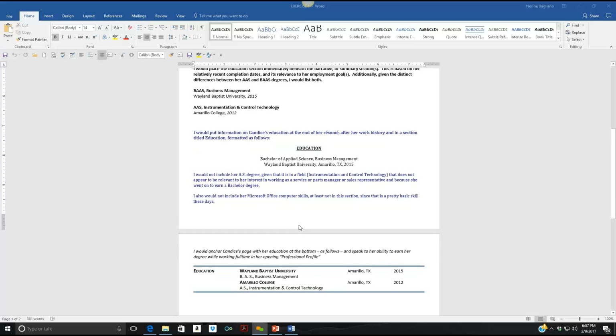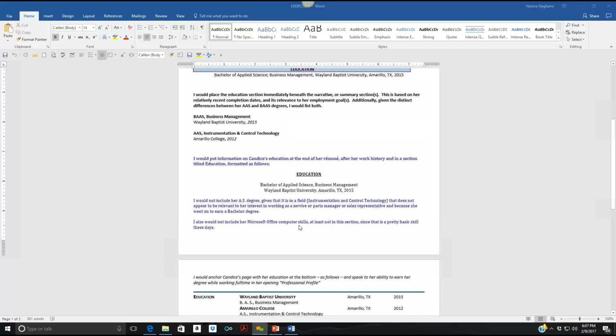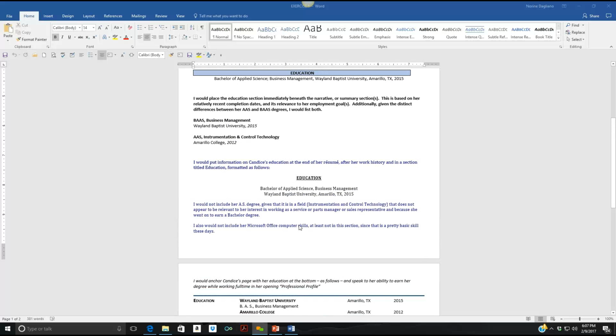However, it would not be included under education. When it comes to the education section, primarily what you're going to look at are college degrees or perhaps certifications if they are the only formal education. But in other cases, you'll want to break out education and certifications.